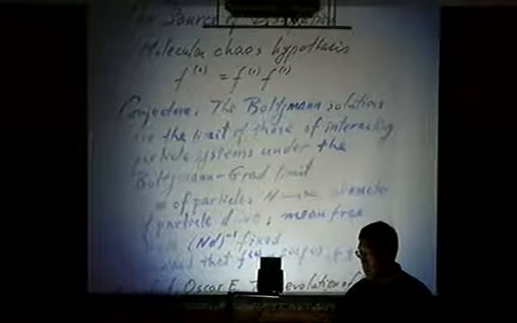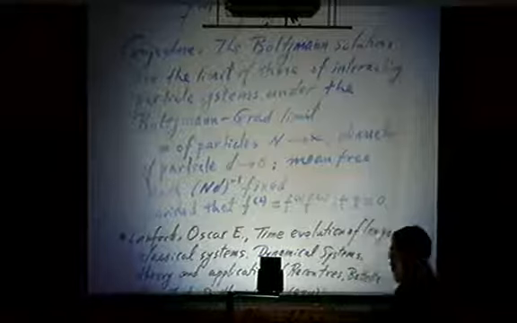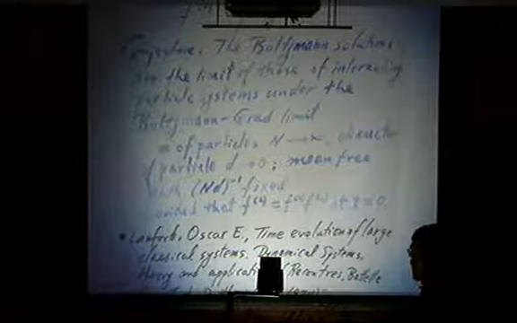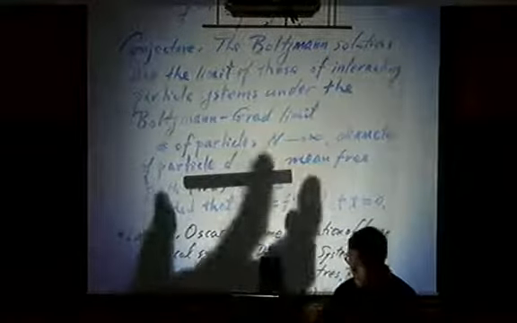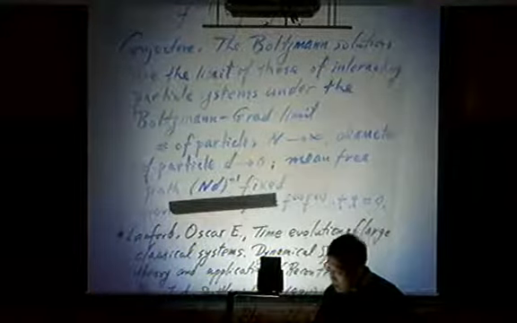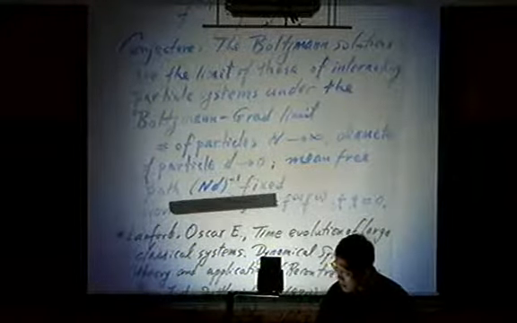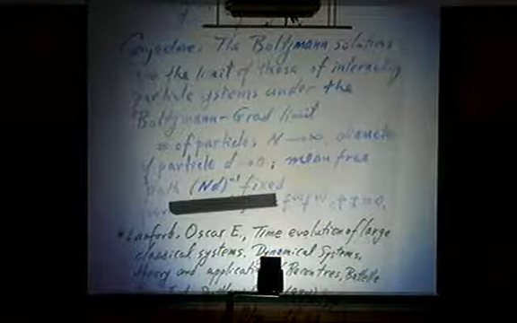Now, the derivation of the Boltzmann equation from the interacting particle system is done under very special circumstances. The number of particles goes to infinity. The particles become smaller and smaller. But this is wrong. It's N d squared. Sorry, that's a terrible mistake.